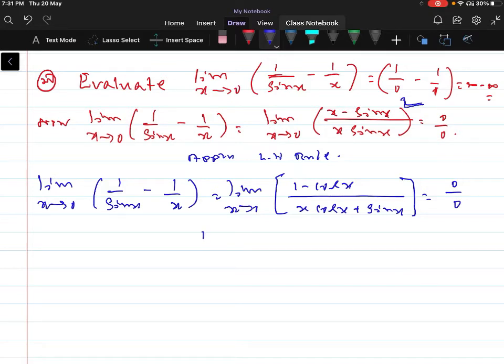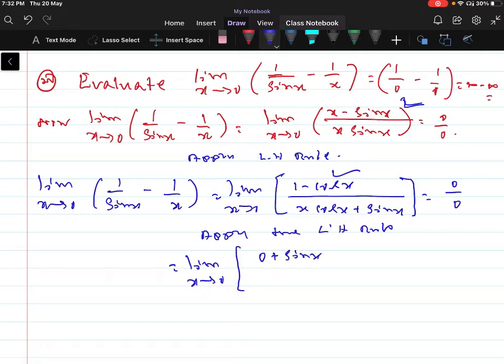Again apply the L'Hospital rule. So this is equal to the limit as x approaches 0, differentiation of 1 is 0 minus cos x differentiation, minus sin x, that becomes plus sin x, divided by x into cos x.